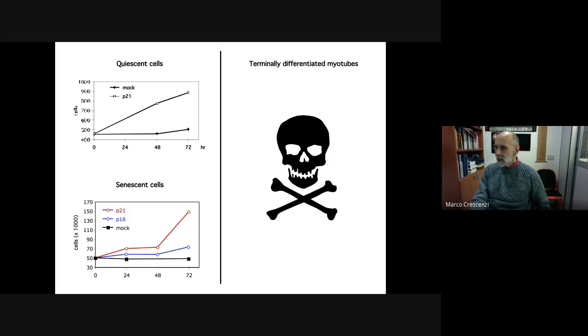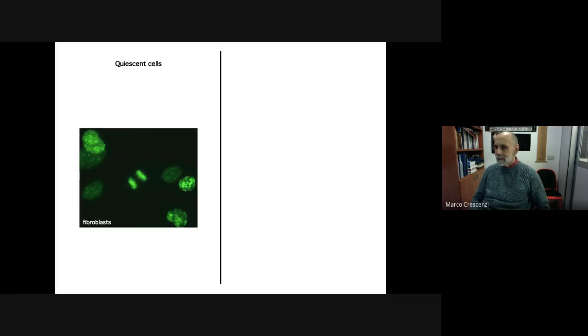So what's wrong with the myotubes? Well, after some time, we finally found an answer. We found that myotubes do undergo DNA replication, but they never complete it. Once you have understood that, you can show it in many, many ways. This is the most pictorial one.